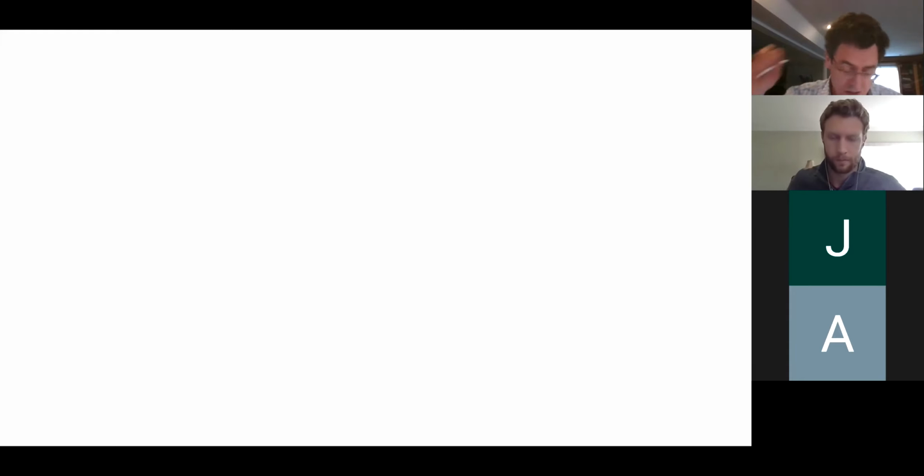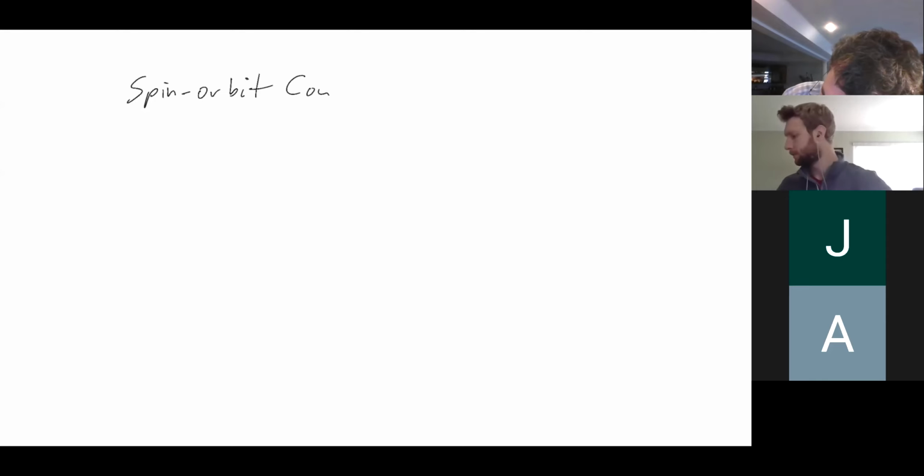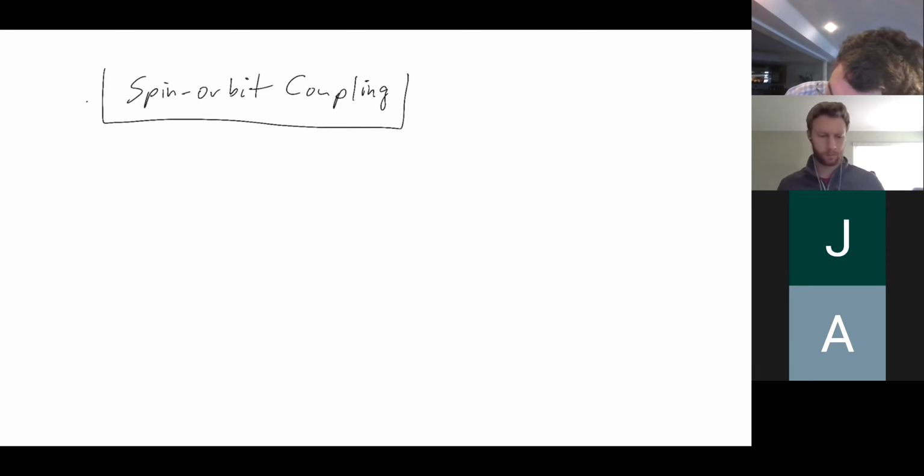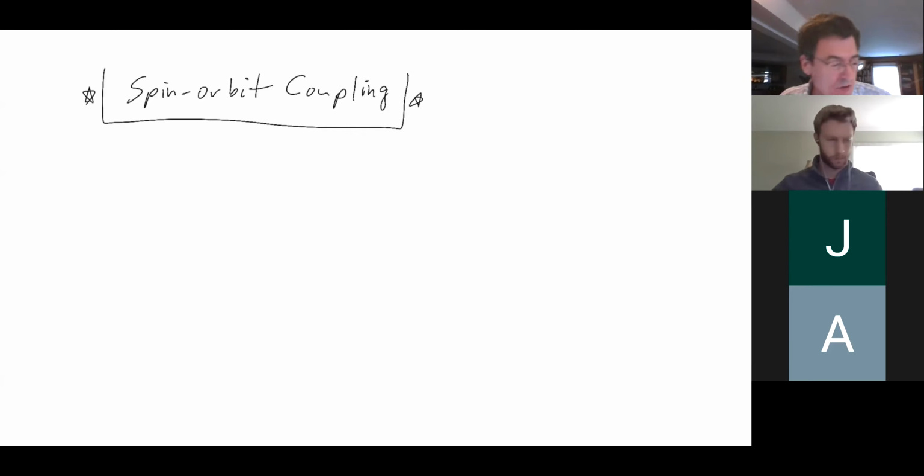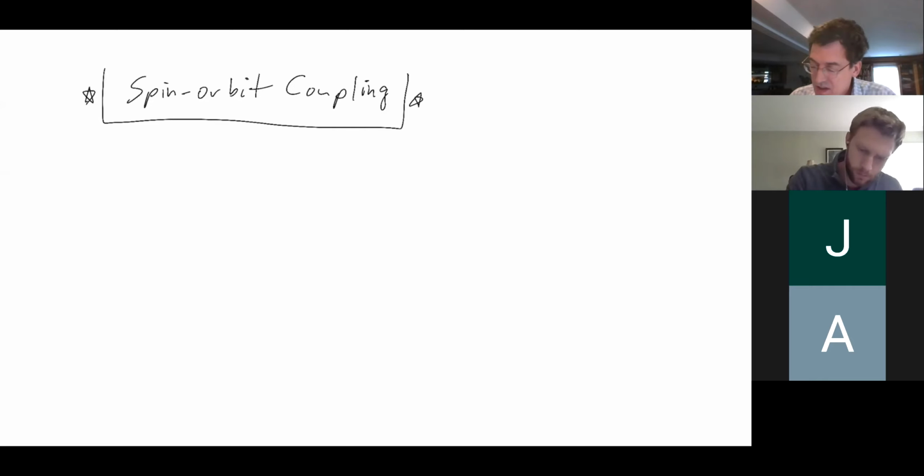So today we're going to do spin orbit coupling. That's the plan. So let's get going. The idea is that we're figuring out what we call the hydrogen fine structure.